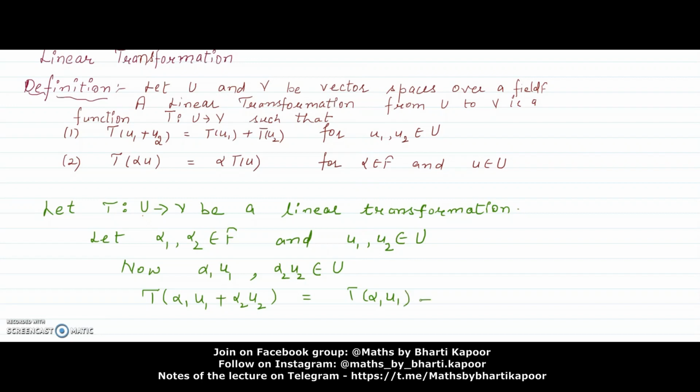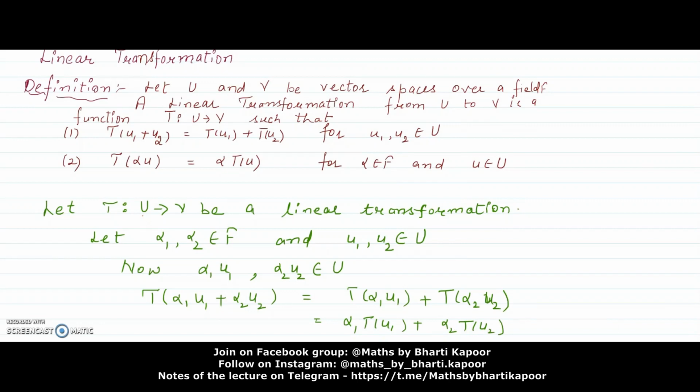plus T(alpha 2 U2). And by using the second property, it will be equal to alpha 1 T(U1) plus alpha 2 T(U2).